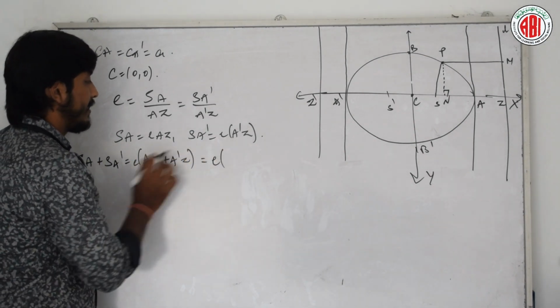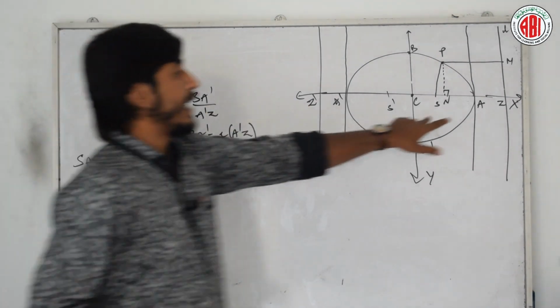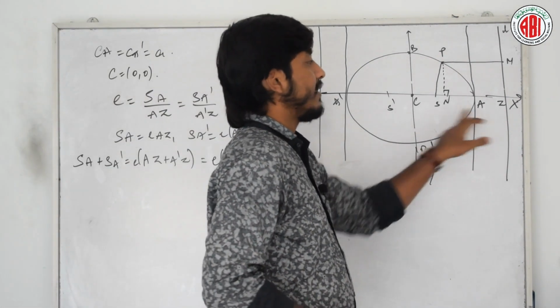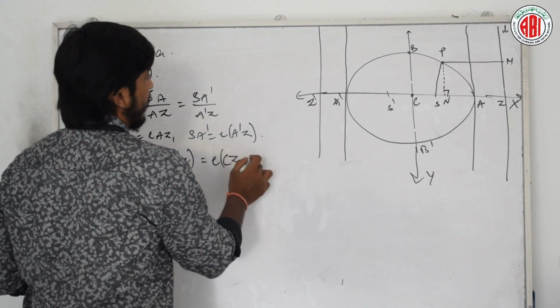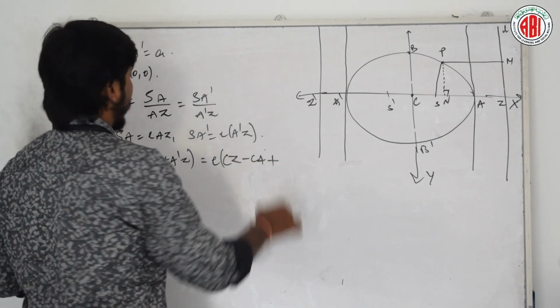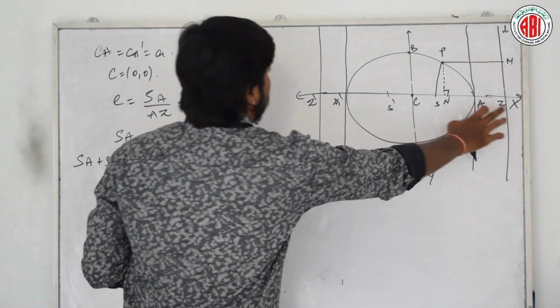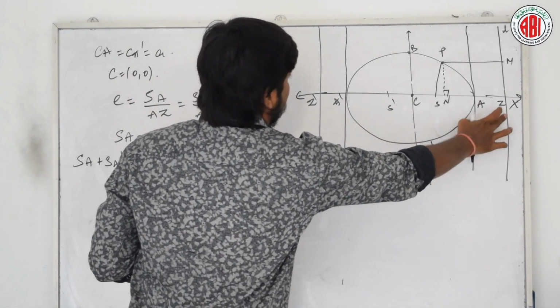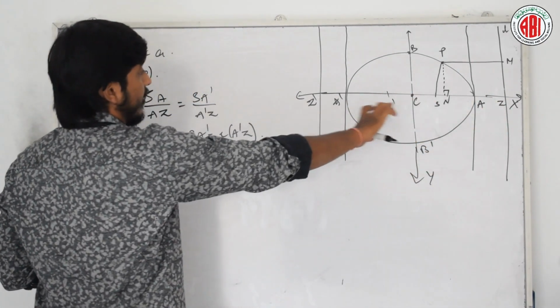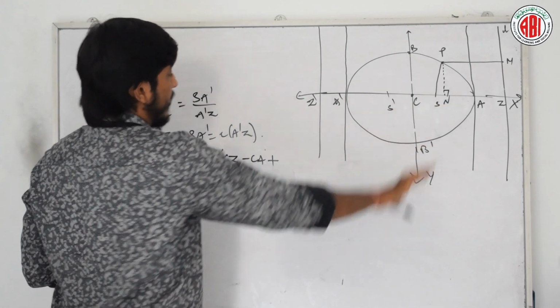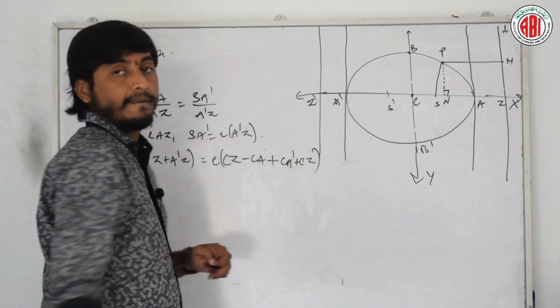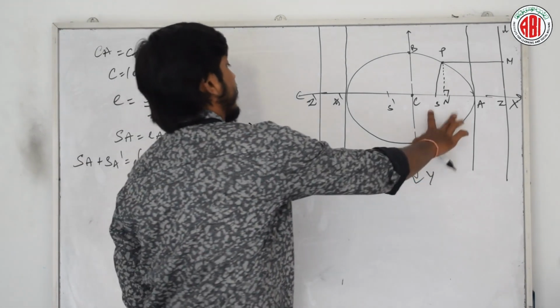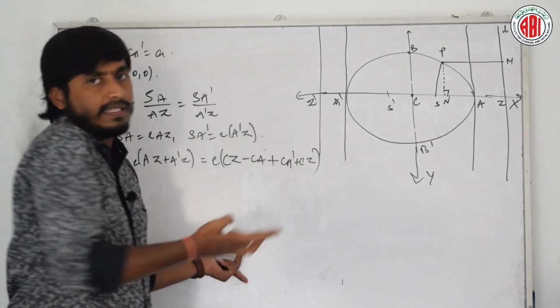What is AZ? Can I write AZ as CZ minus CA? Right? What is A dash Z? A dash Z is CA dash plus CZ. Clear? We know that CA and CA dash are both equal to a.